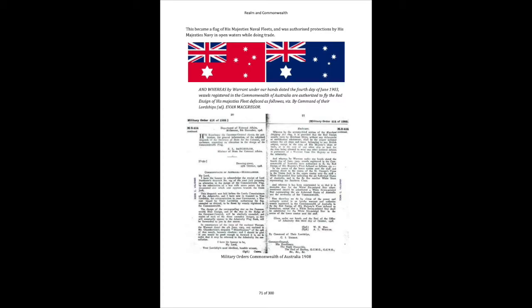And whereas by warrant under our hands dated this 4th day of June 1903, vessels registered in the Commonwealth of Australia are authorised to fly the red ensign of His Majesty's fleet, defaced as follows, viz. By command of their Lordships, Evan McGregor.